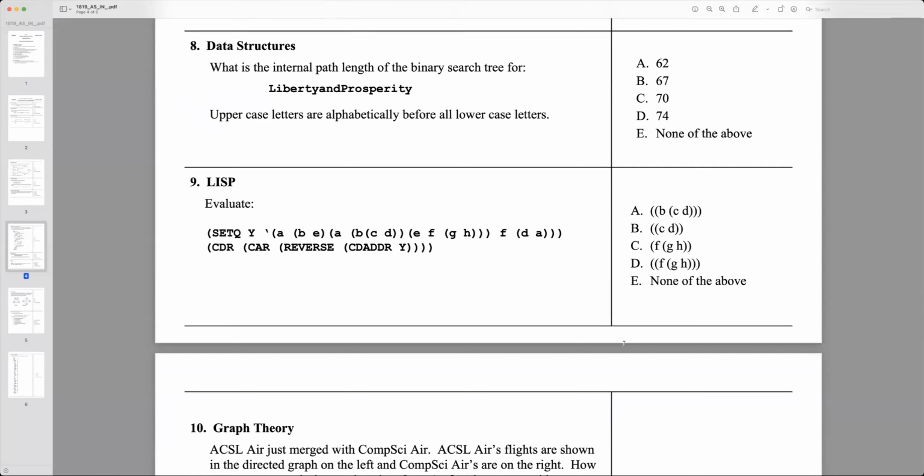Let's go to 9, list. List, like before, is important. You have to remember what you're doing. Let me write out Y, which is going to be ever so long, annoyingly.